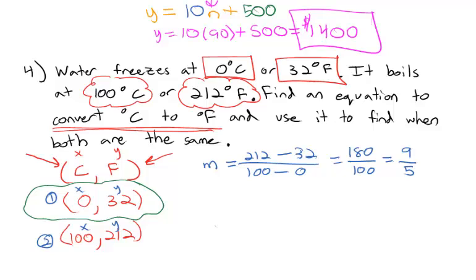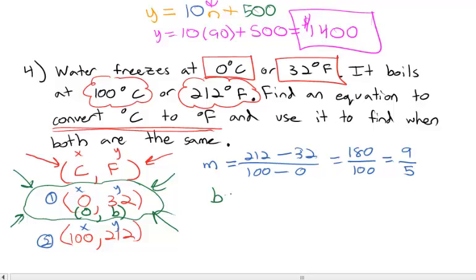We don't actually need to find the y-intercept, do we? What's interesting about this first point is when we have 0 in the first coordinate, the next coordinate is your y-intercept. 0, 32 is just going to be up 32 on the y-axis. 32 is the y-intercept. And we could have found it by plugging the values in. We would have gotten the same answer, but this was much quicker. So we're ready to come up with an equation.